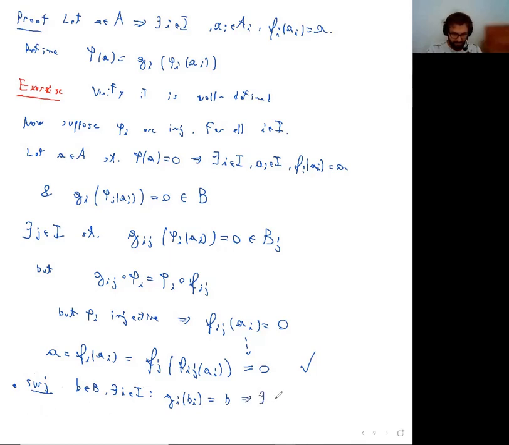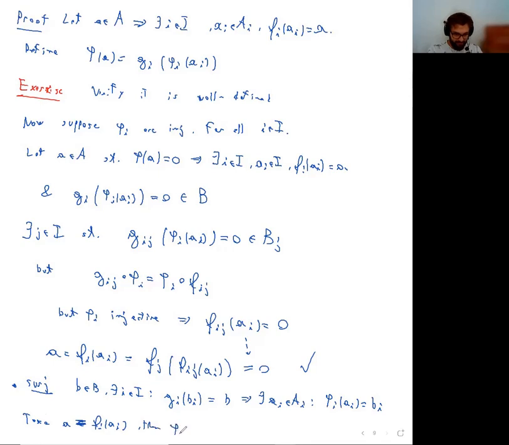So there exists an A_i in A_i such that phi of A_i is B_i. And now we simply take A to be just the image of this A_i. So take A equal to F_i of A_i.